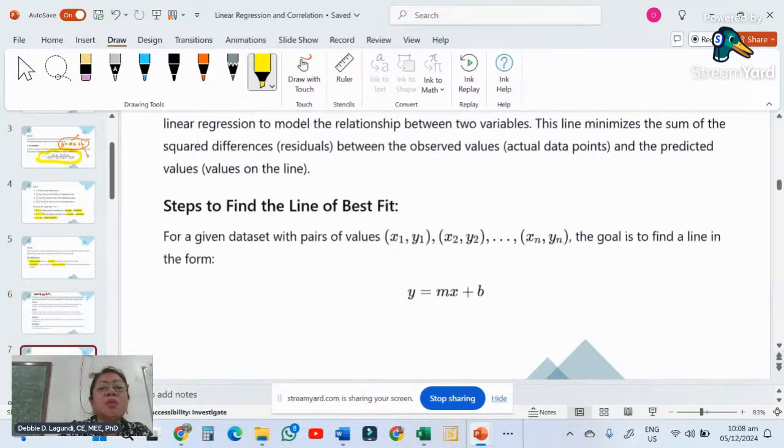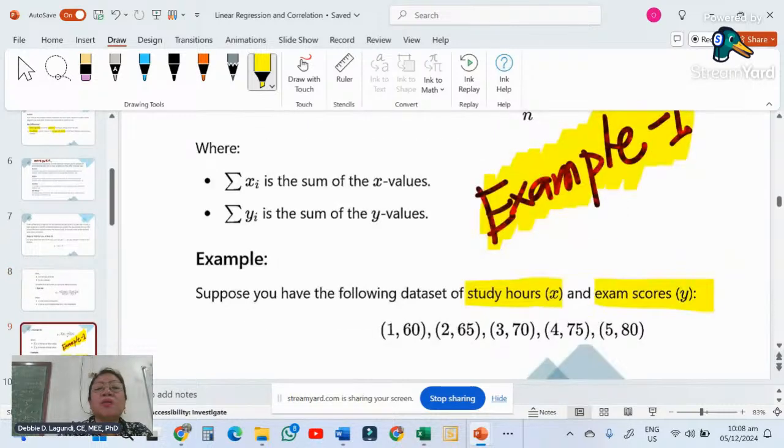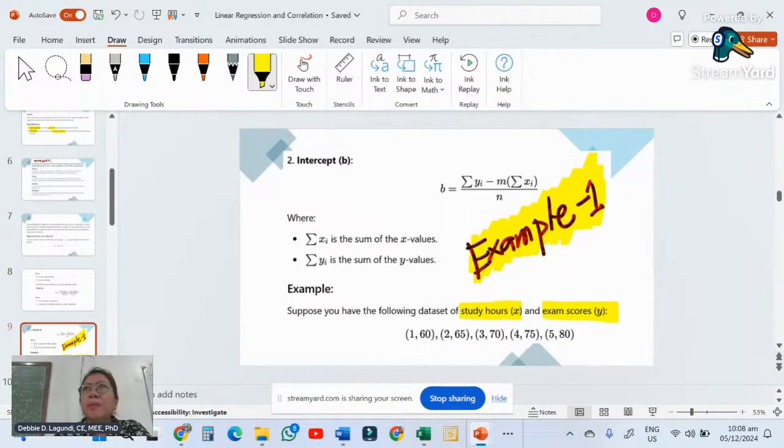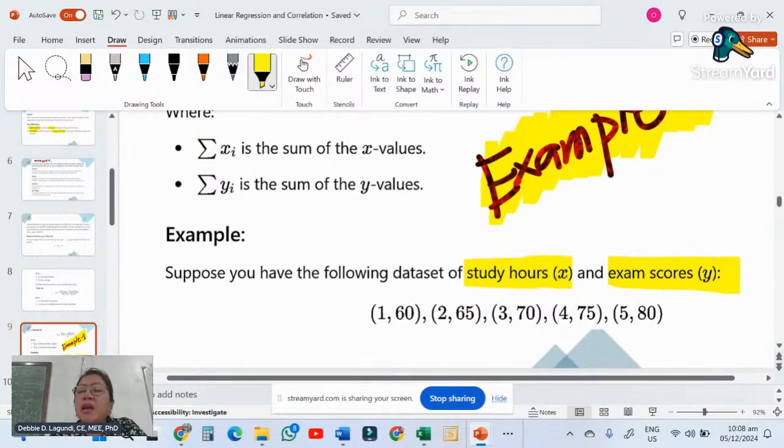Okay, so now we will have an example of linear regression. My example here is very simple. Suppose you have the following data set of study hours and exam scores. If I study 1 hour, my exam score is 60.